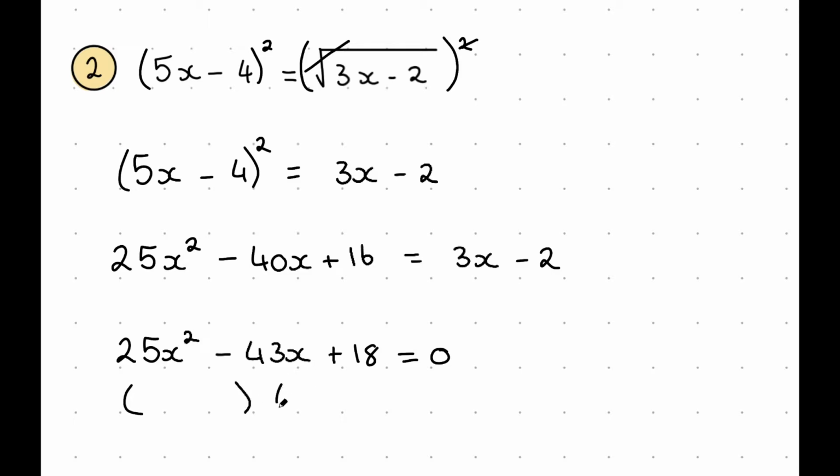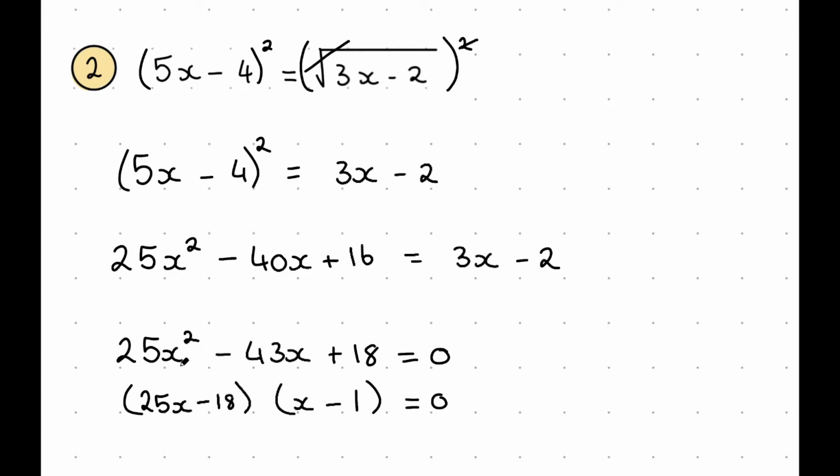And then what I'm going to be able to do is break that into the factors. Now it's not an easy one. You could use the minus b formula to do this, but you can factorize it out using your factors like this. So what I'm going to get here is 1 and 18, and I'm going to be targeting minus 43, and because that's a minus and this is a plus, both signs here are going to be a minus.